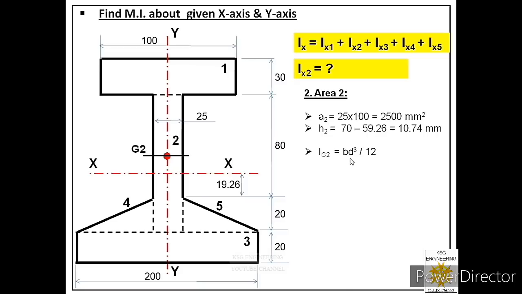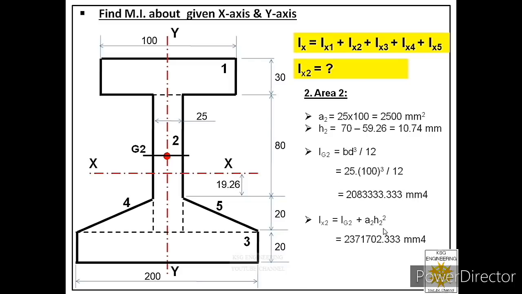It means this formula will be 25 into 100 cube by 12. So from here we will get the value of Ig2. Now after this we know that we can find Ix2 by applying the parallel axis theorem. So we will say Ix2 is equal to Ig2 plus A2 H2 square. So put the values of these three in this equation, then we will get the second unknown of this particular equation, that is Ix2.